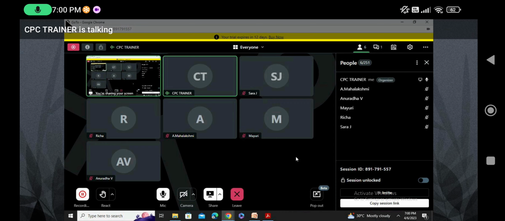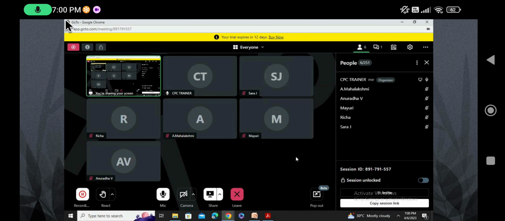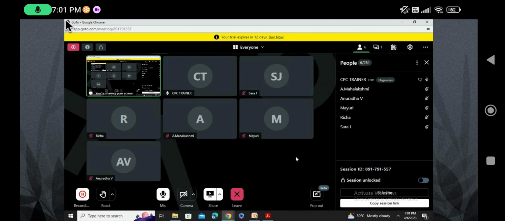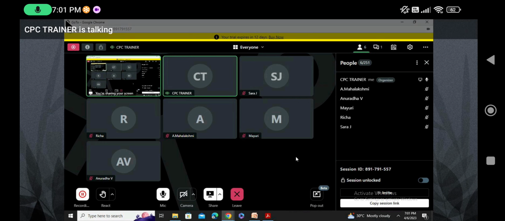So that's not the issue. But in case the provider documented two panels, we have to follow one guideline.